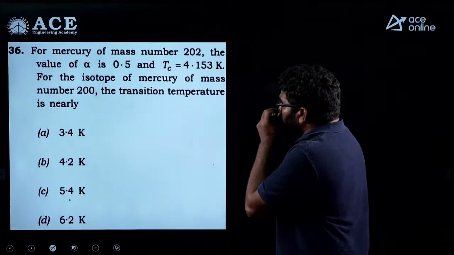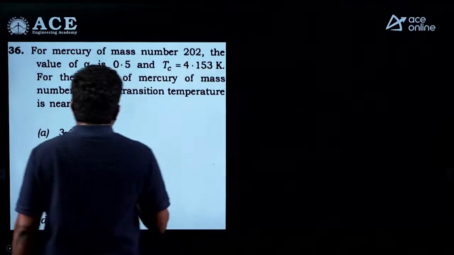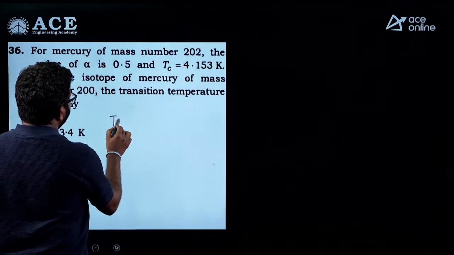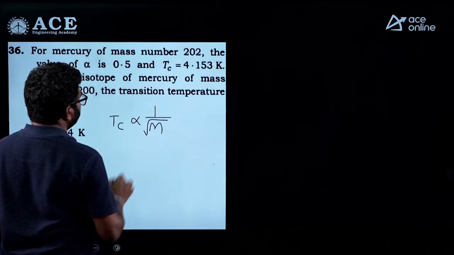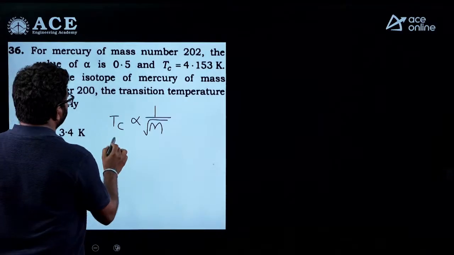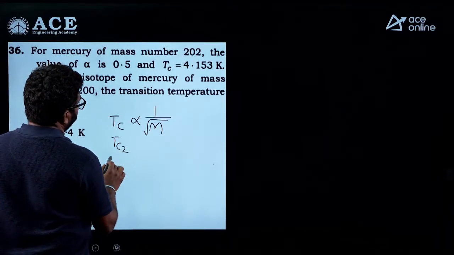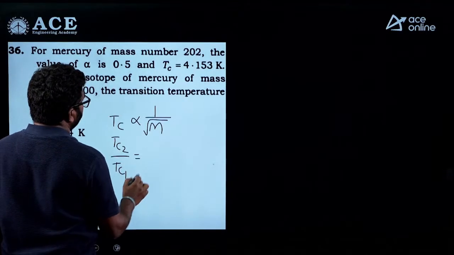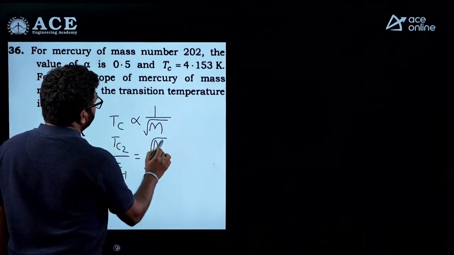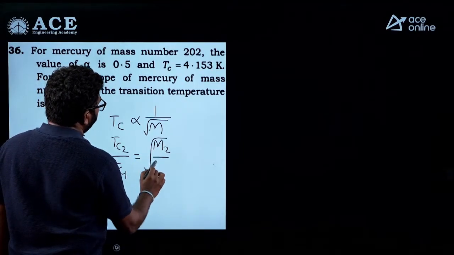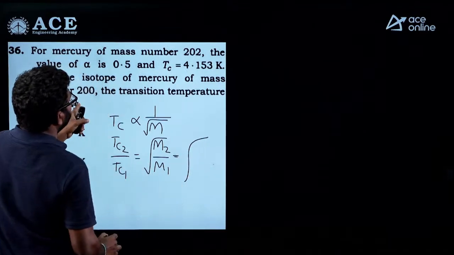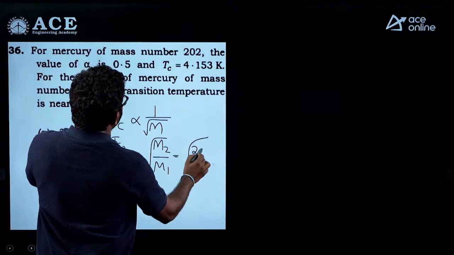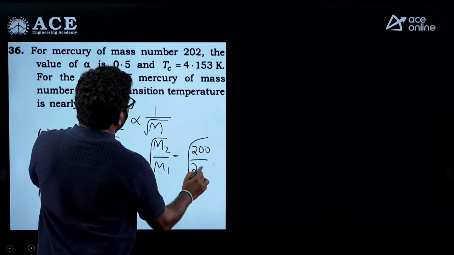See, the transition temperature and mass they are asking, see the formula I am using here, right. Critical temperature is proportional to 1 by under root mass. So transition temperature they are asking, so Tc2 by Tc1 is equal to under root m2 by m1, you can take, right. m2 by m1, m2 is 200 by 202.